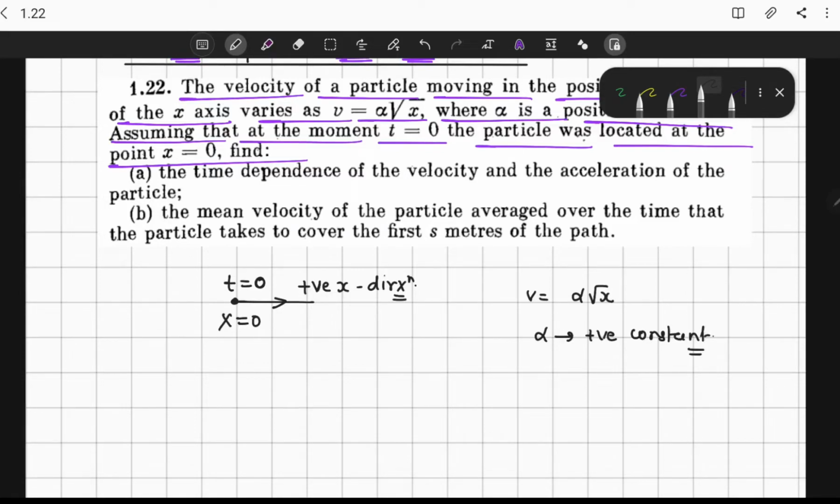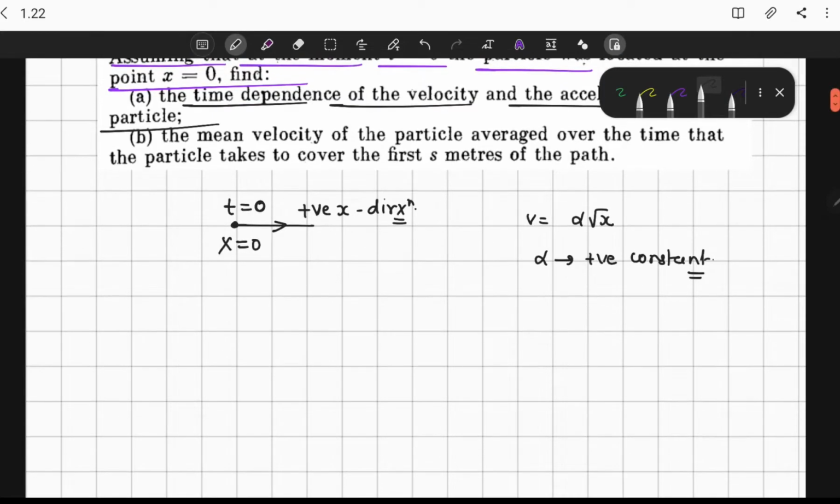Okay, now in the first part it is asking to find the time dependence of the velocity and the acceleration of the particle. Now if we write the velocity as dx upon dt, where x is the displacement, we can equate it to alpha root x. And if we take the root x this side, then we can write dx divided by root x is equal to alpha into dt.